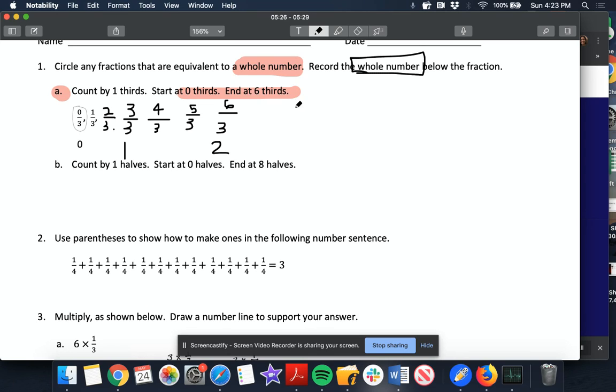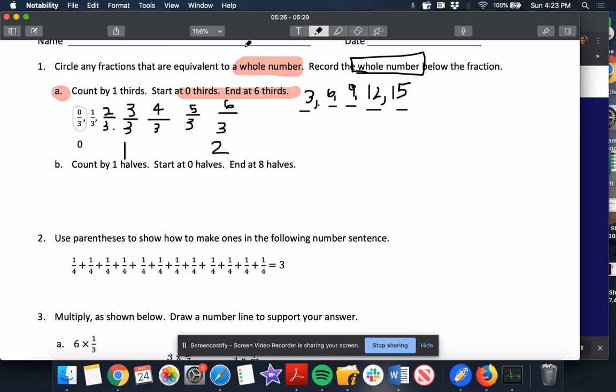So a good practice here is to list your multiples of 3. 3, 6, 9. I would recommend listing 5 of them. And every multiple is going to be a whole number, okay?